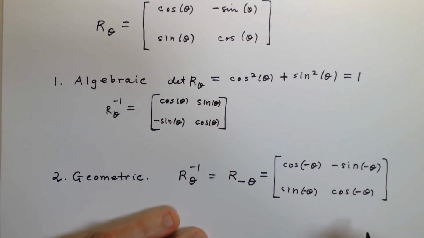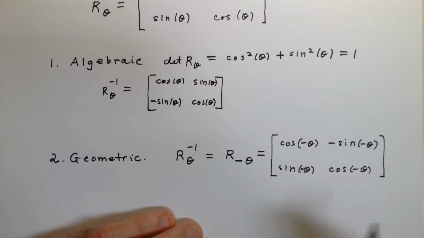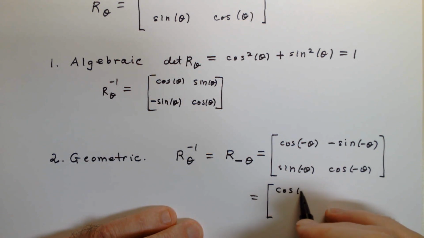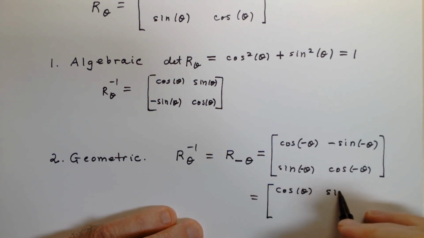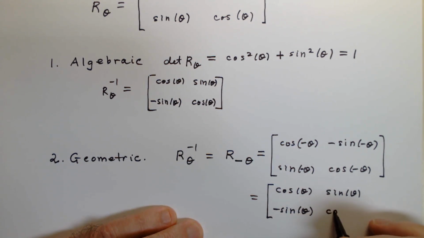And as before, using the even and odd properties of the cosine and the sine function respectively, this is going to reduce to cosine theta, sine theta, the negative of the sine of theta, and the cosine of theta.